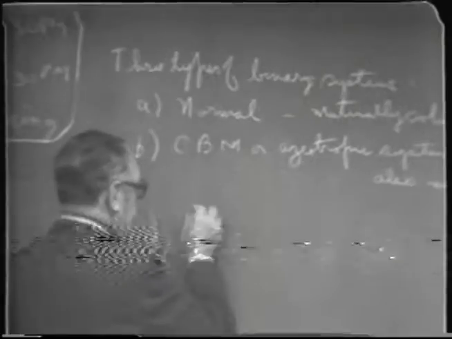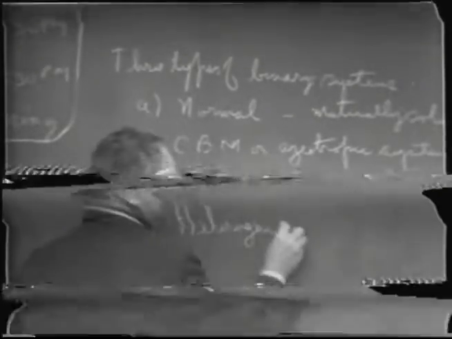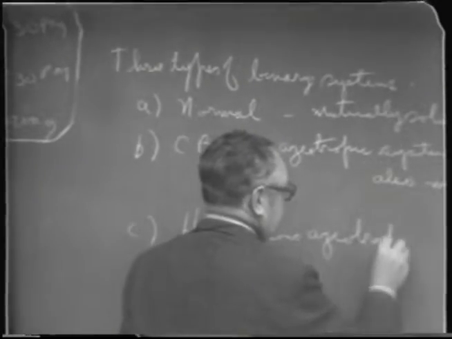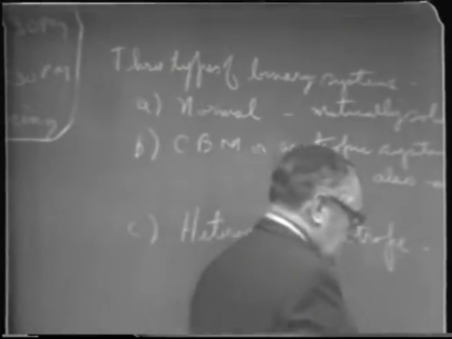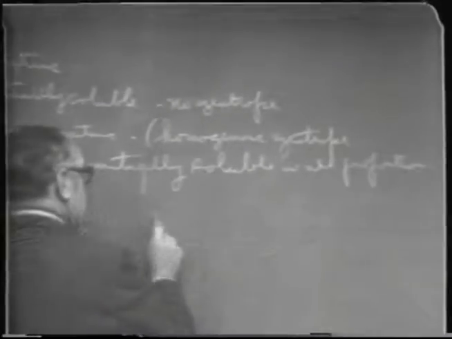And thirdly, we have the system that forms a heterogeneous azeotrope, which is the result of the fact that the components are only partially miscible or partially soluble.